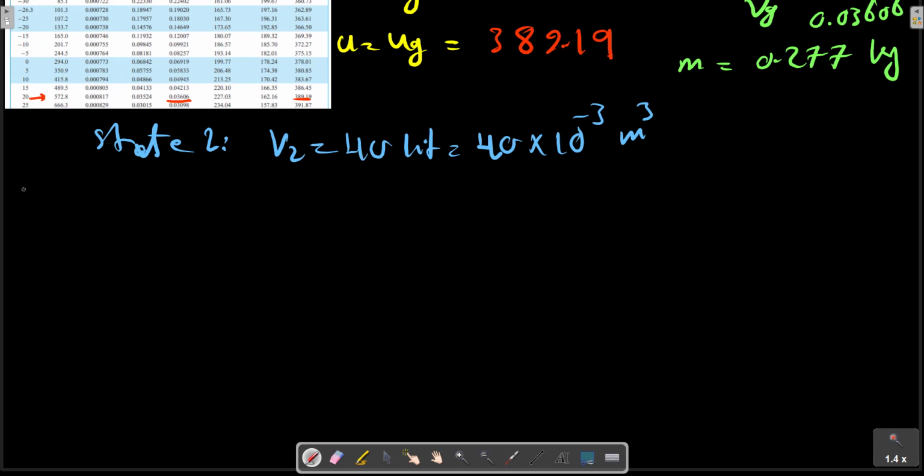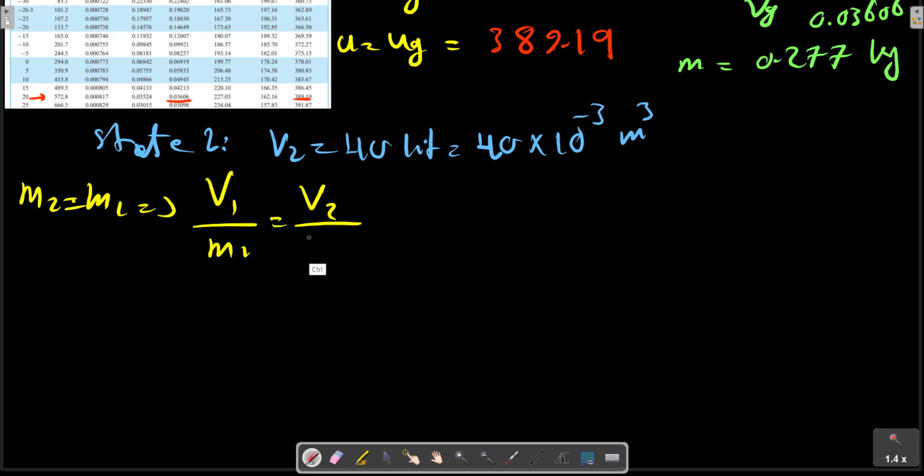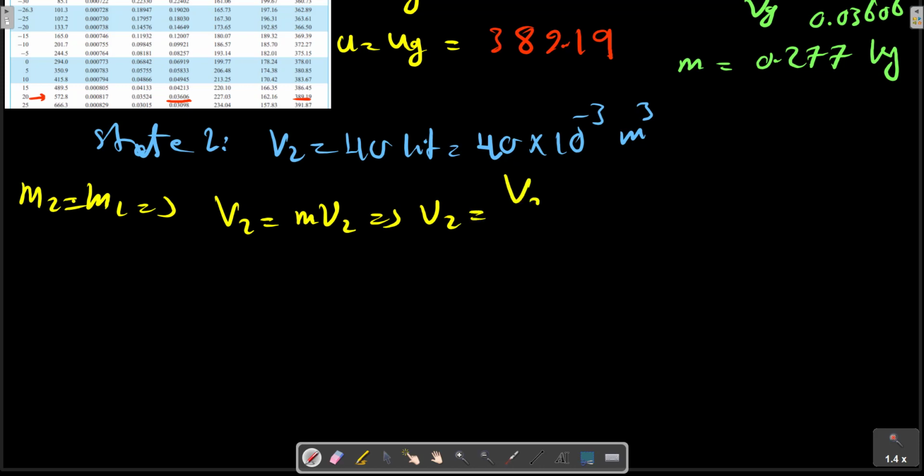So as the same mass, we can write V1 over M1 equals V2 over M2, so V2 equals V over M.